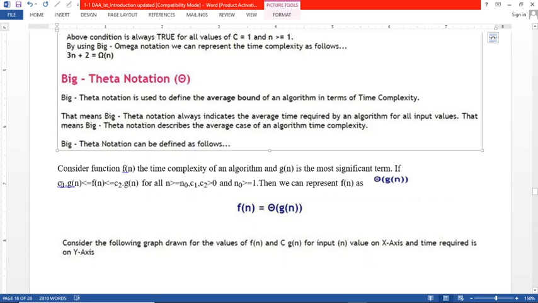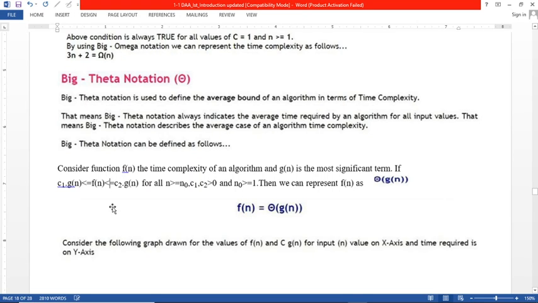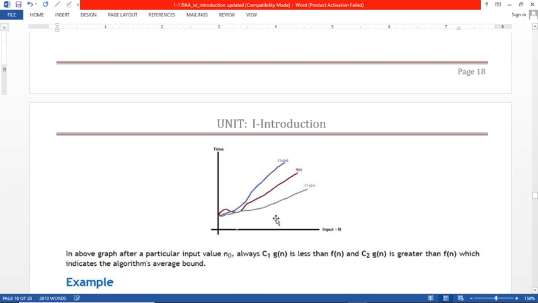If c1, constant 1, multiplied by g of n should be less than or equal to f of n, and f of n is less than or equal to c2, constant 2, multiplied by g of n for all n greater than or equal to n0, c1, c2 greater than 0, and n0 greater than or equal to 1, then we can represent as f of n is equal to theta of g of n. So let's see the graph, then you will easily understand.